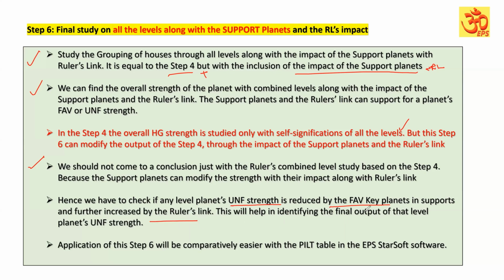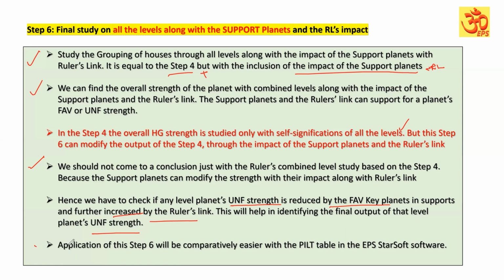It means favorable key planets are reducing the unfavorable strength, and the favorable planet support is increased by the ruler's link. This will help in identifying the final output of that level planet's unfavorable strength.